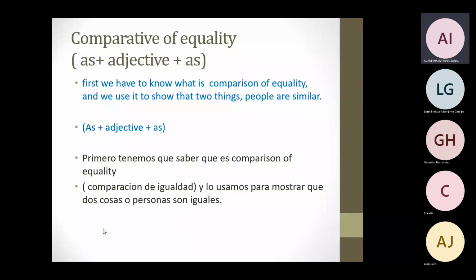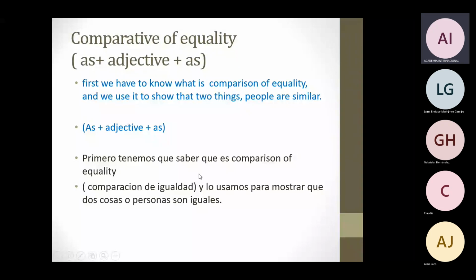First, we have to know what is comparison of equality, and we use it to show that two things or people are similar. And this is the structure that we have to use. As, adjective, as. Right now it can be a little bit weird so we are not going to understand, but I'm going to show you some examples and we are going to understand better.